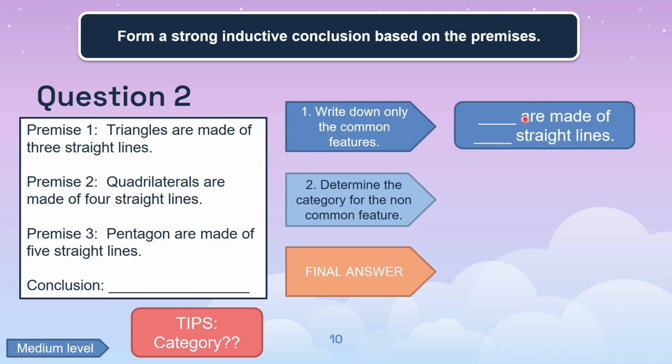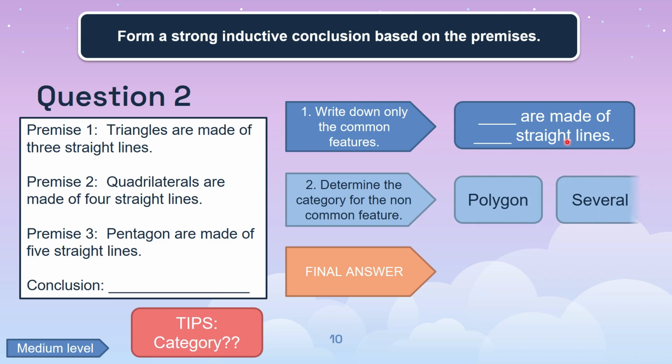If you say number, the conclusion will be polygons are made of number straight lines. It sounds weird. You change the number with a quantitative word, which is several. So the category for 3, 4, 5 is several.